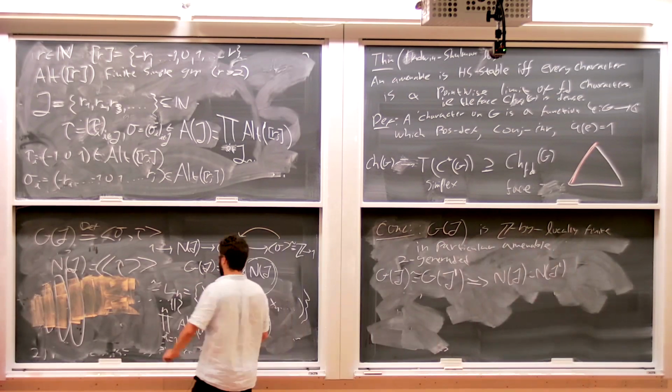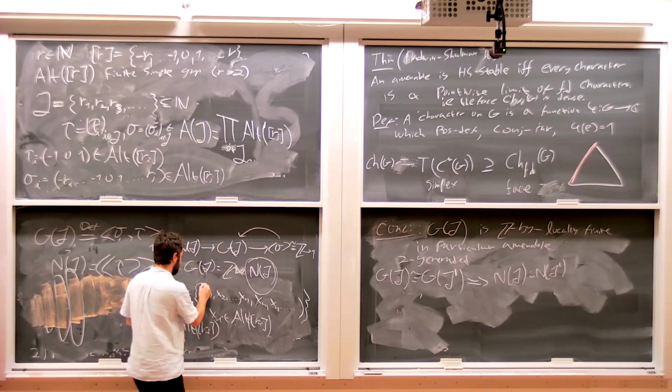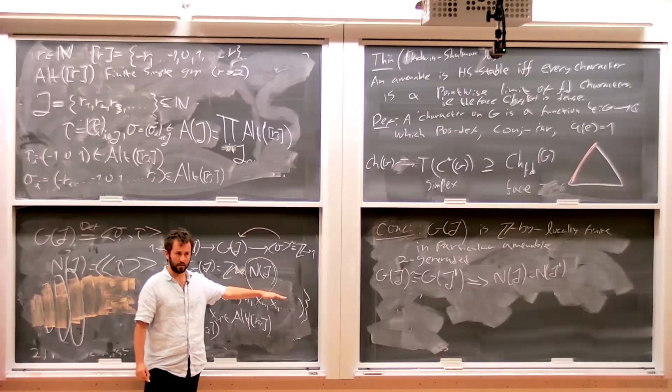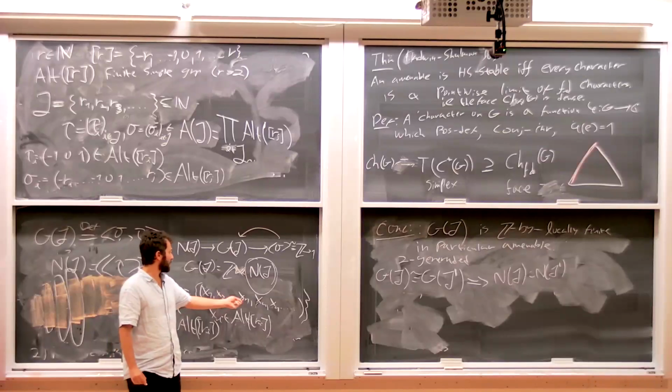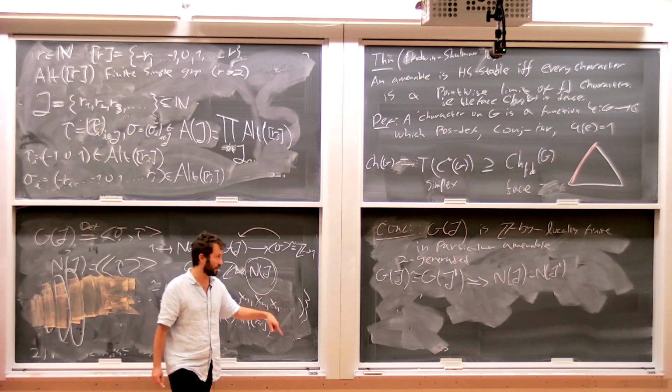And now these N's, these are sequences of elements which are at some point constant. Inside of them, you can ask what are the torsion elements. The torsion elements are exactly where eventually it's 0, or the trivial element.